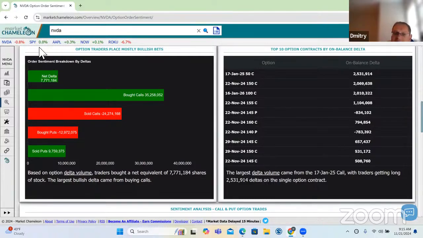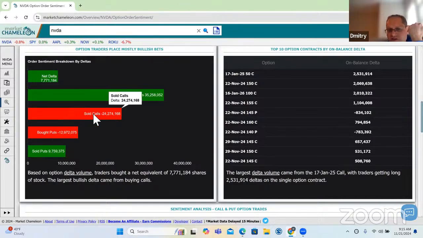So we have this net delta, and based on our analytics and inferences, we see that the largest amount of the deltas came from call buyers, 35.2 million, versus call sellers of 24.2 million. And then put buyers contributed 12.9 million versus put sellers of 9.7 million.